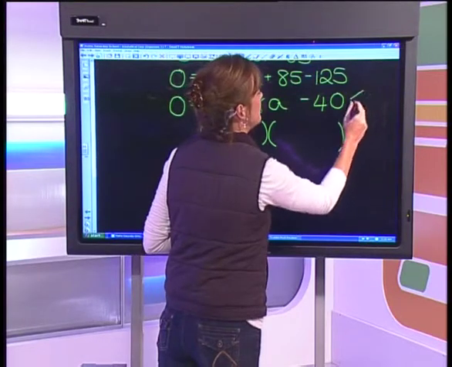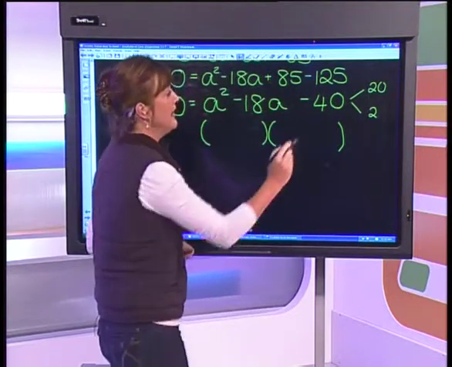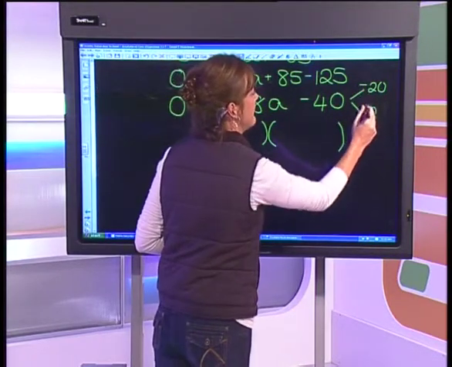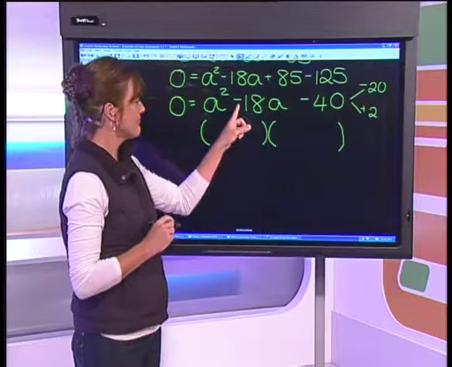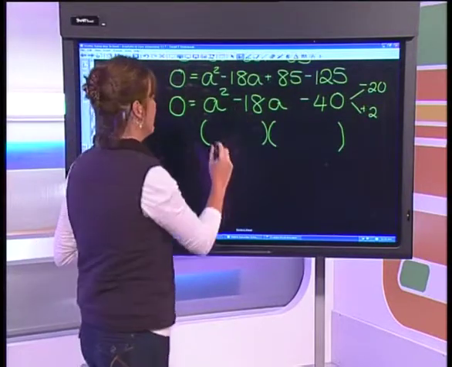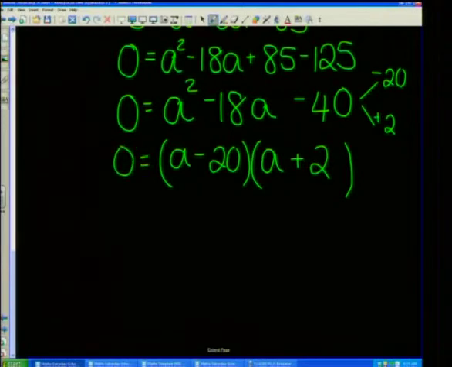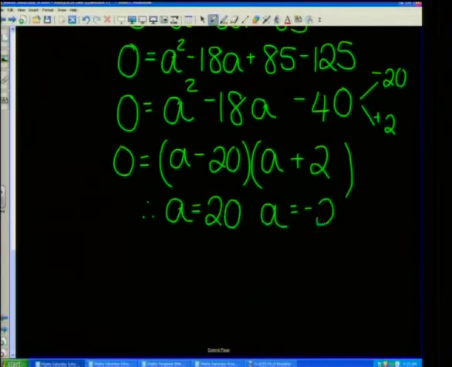If I look at 40, we could break 40 up into 20 times 2. If I take a negative 20 and a plus 2, does everyone agree we're going to get to negative 18? So I've got my a and my a, I've got negative 20, I've got positive 2. And finally, when I solve for a, we're going to get an a value of 20, and we're going to get an a value of negative 2.